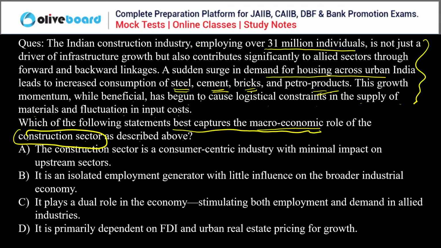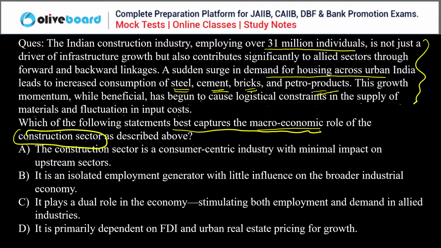When there is a sudden increase in the demand for housing, it increases the consumption of steel, cement, bricks, petro products, because when you want to build your house, you need to purchase all of these. So now, which of the following best captures the construction sector as described above?